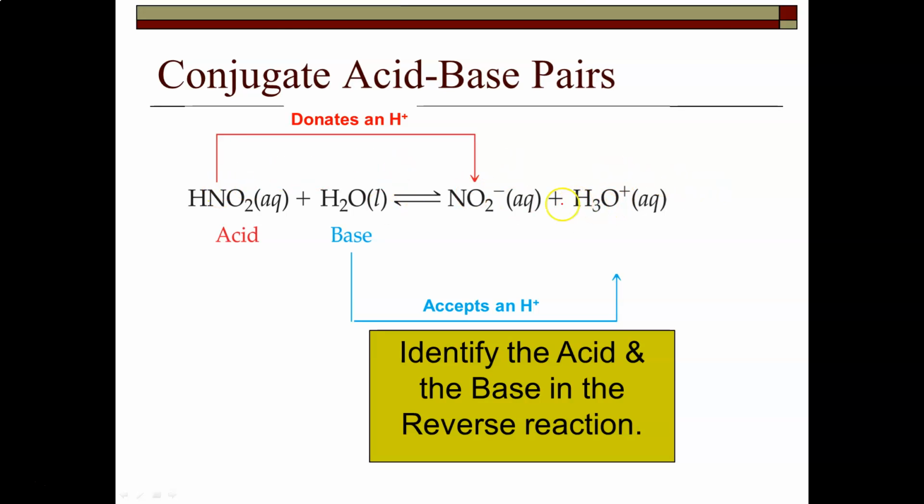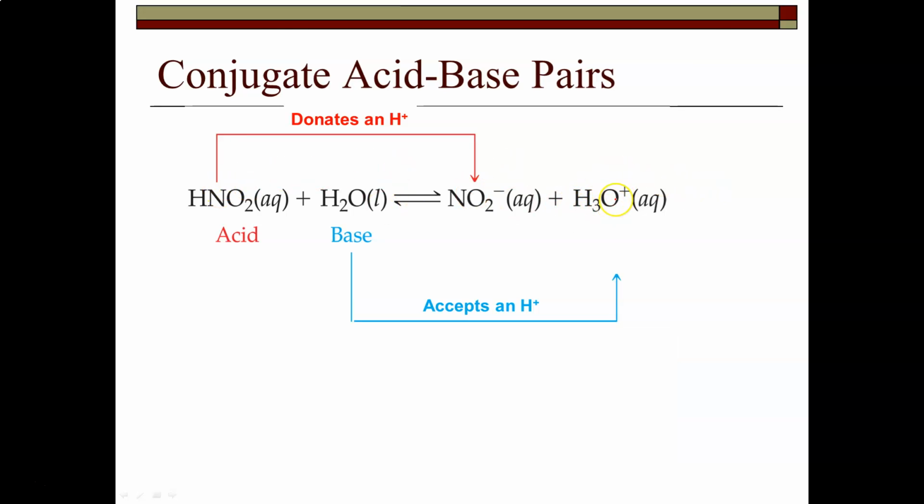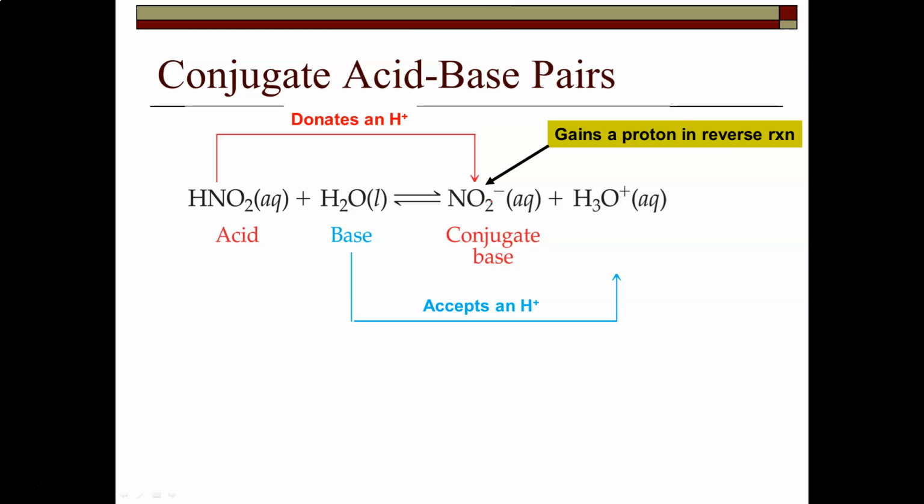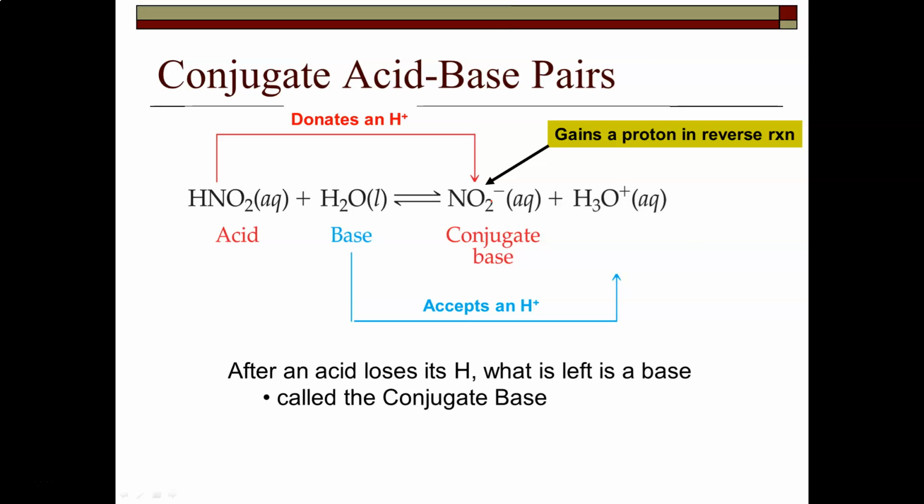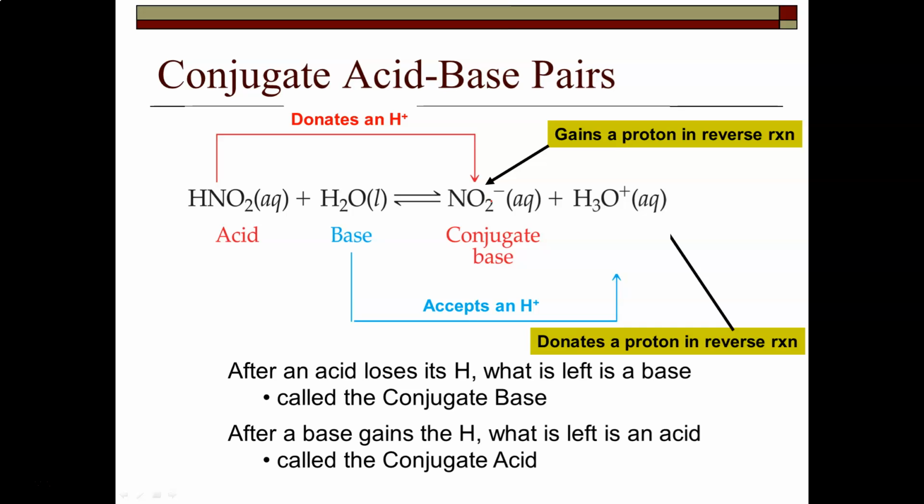So in the reverse direction, H3O plus is your acid, and NO2 minus is your base. In the reverse direction, we call them conjugates. So there's our conjugate base. It gains a proton in the reverse reaction. And H3O plus is our conjugate acid. It's donating a proton in the reverse direction.